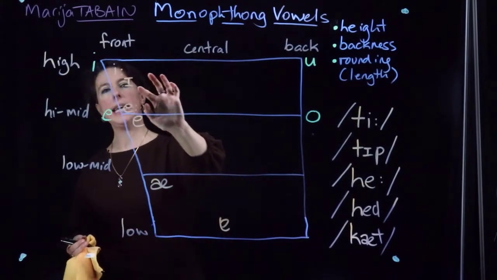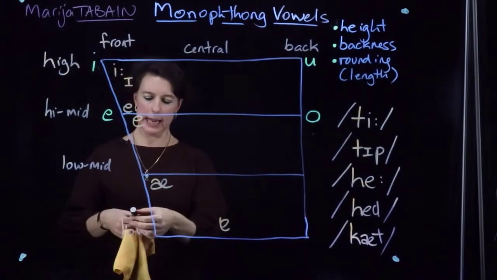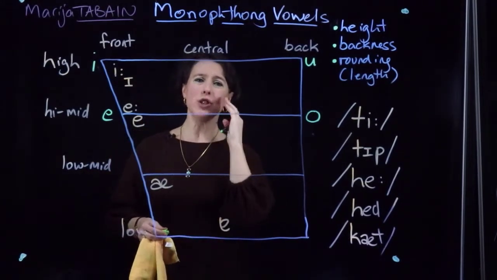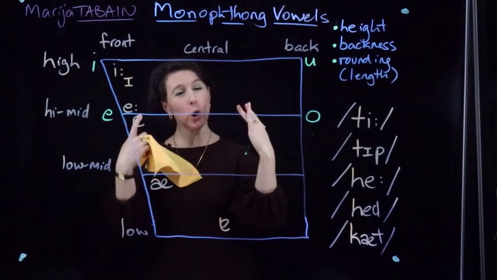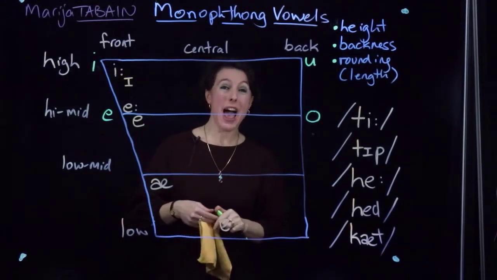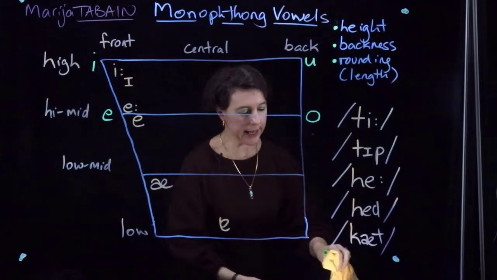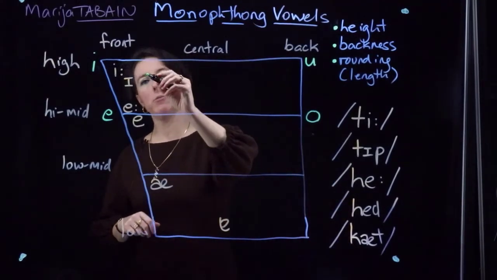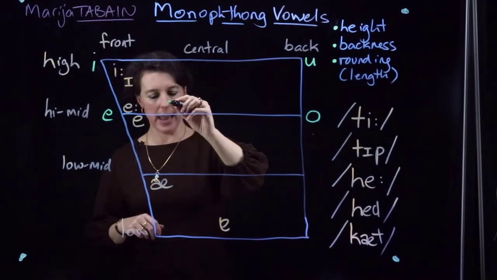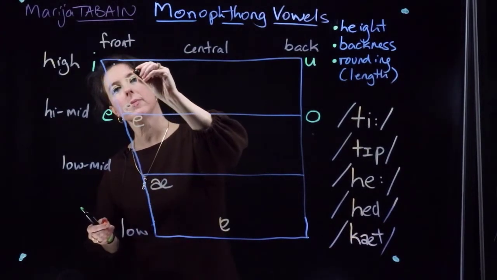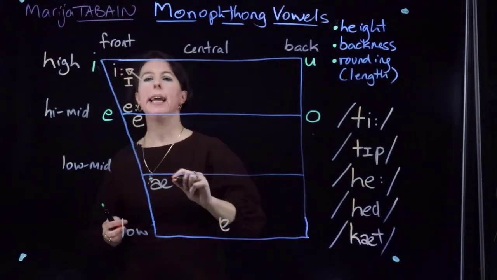This vowel e, it's a long vowel, and it's not quite the sort of pure e vowel that we would have in many European languages. So what I'm going to do here, and I hope it's not too distracting, is show that there's a little bit of an arrow going up towards the i.